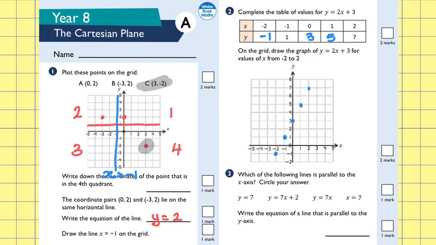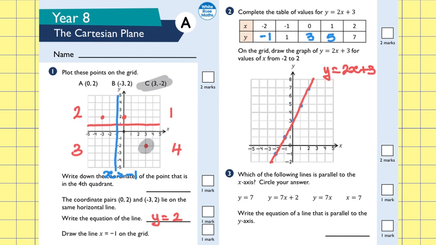Join them up with a nice straight line using a ruler. So that is the line y equals 2x plus 3.